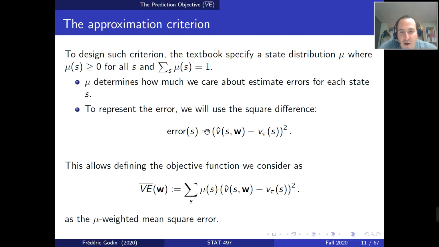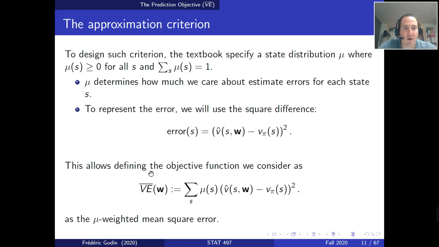For a state S, we will define the error of that state as the squared difference between the approximation of that state based on parameter W and the true value function for that state. This allows us to define the objective function, which we shall try to optimize.